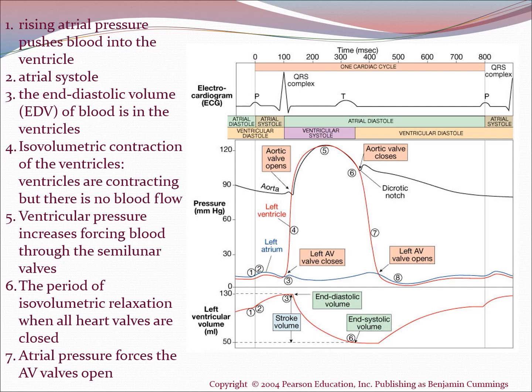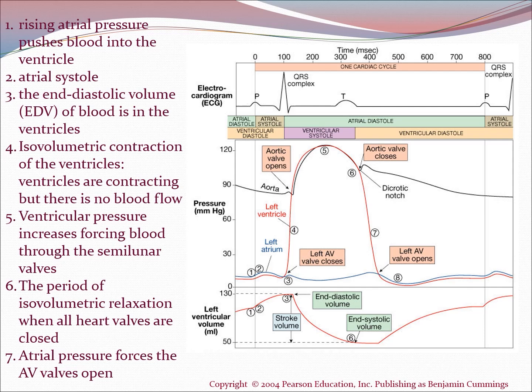Number 2, atrial systole occurs. Number 3, the end diastolic volume of the blood is in the ventricles. And note the red left ventricular line under the left ventricular volume, that the stroke volume is at its highest, 130 milliliters at the end of diastole.